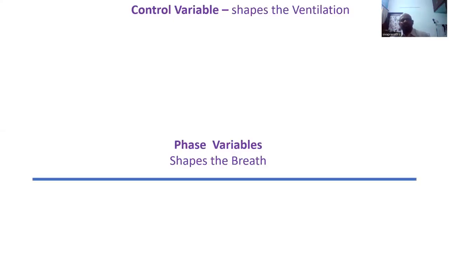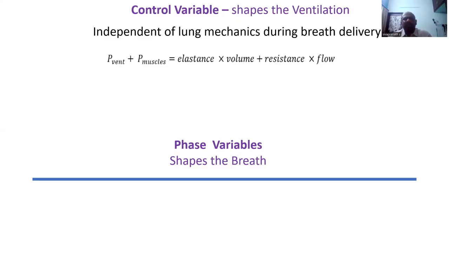So when you come to classify the variables, how they shape the ventilation and how they shape the breath, the parameter that shapes the ventilation is called the control variable. That is the independent variable, which is independent of lung mechanics during the breath delivery. Now again, I have put the equation of motion where pressure is equal to flow against resistance and volume against elastance.